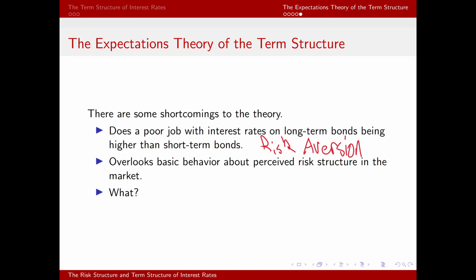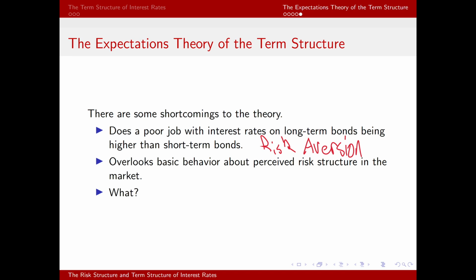They don't know what is going to be happening in the future. And so there's going to be more aversion and there's going to be some sort of added premium on these longer bonds because, with our previous example, it gives our investor the ability to evaluate the situation after 1 year.